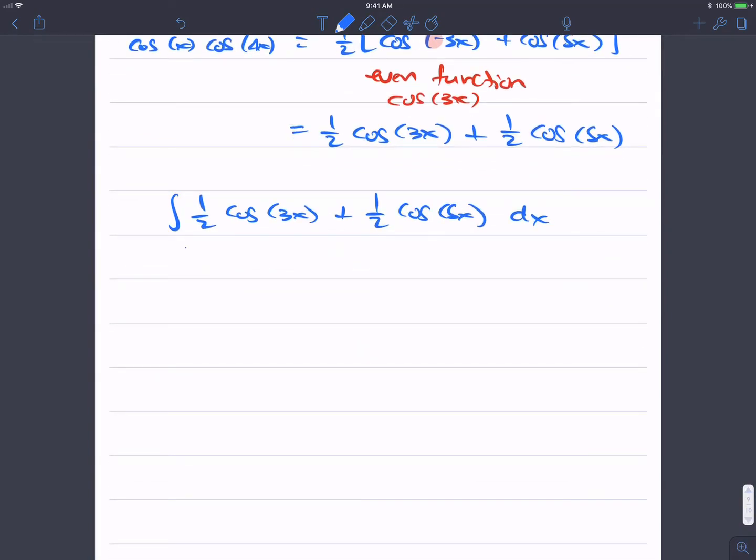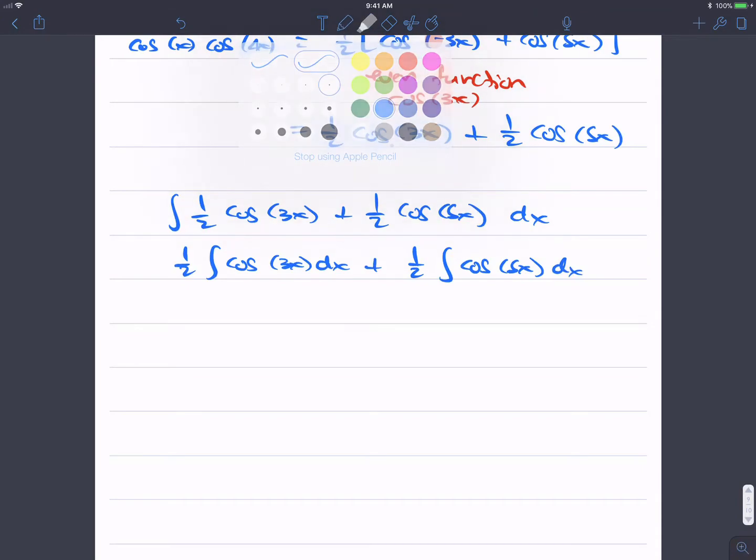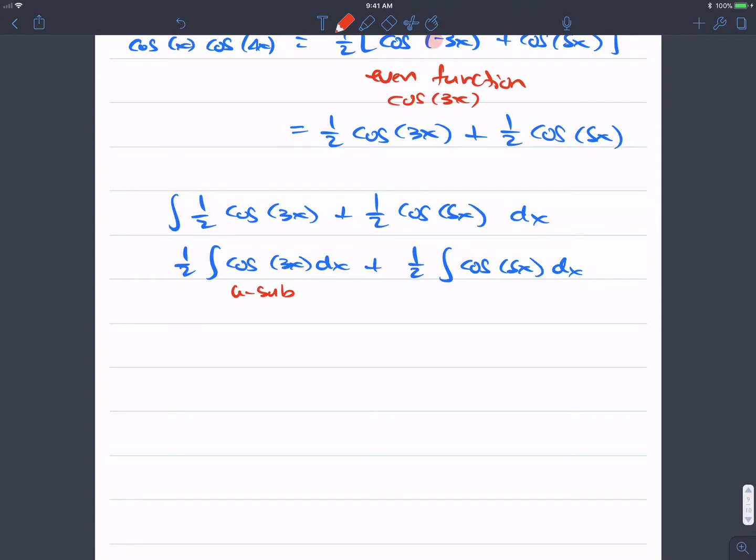By properties of integration, 1/2 integral cosine 3x dx plus 1/2 integral cosine 5x dx. And again, we're going to do this by u substitution, where u is 3x and u is 5x.